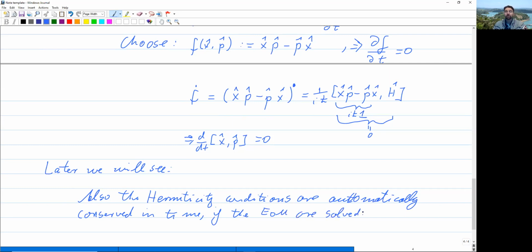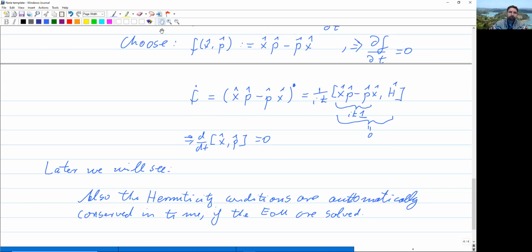So if you have a solution that solves the equations of motion and the canonical commutation relations and the hermiticity condition at the initial time, well, then the hermiticity condition and the canonical commutation relations will hold at all times. That is very useful to know.